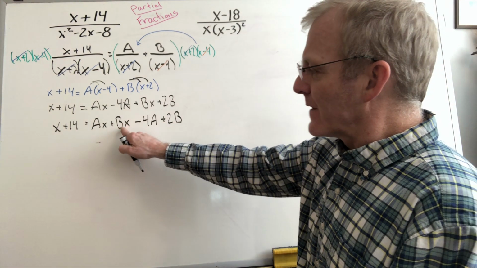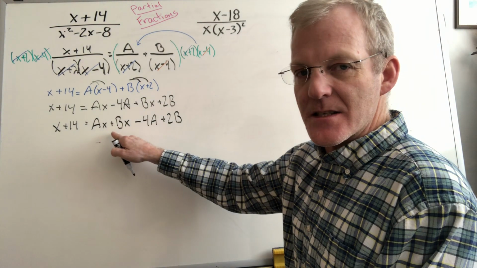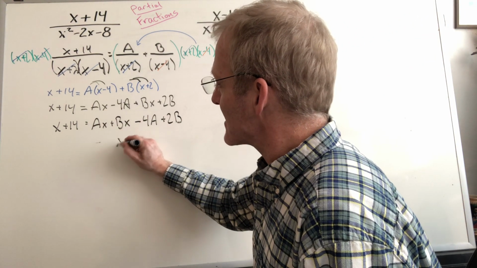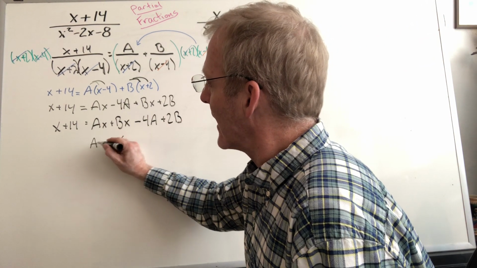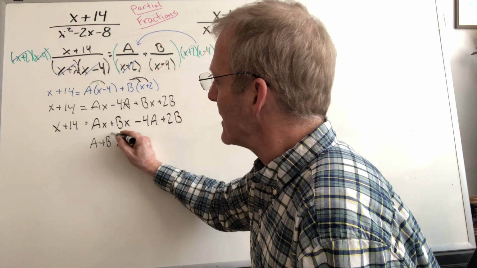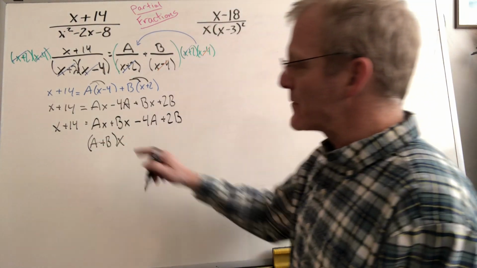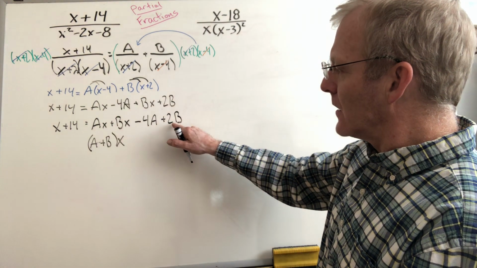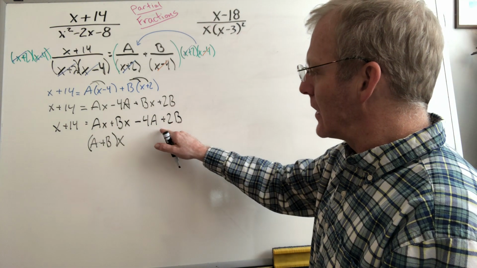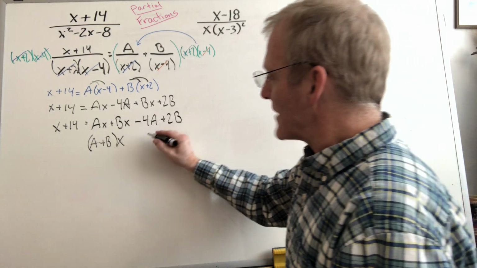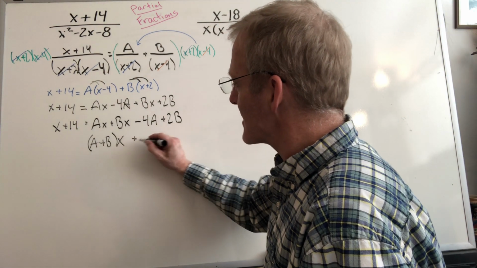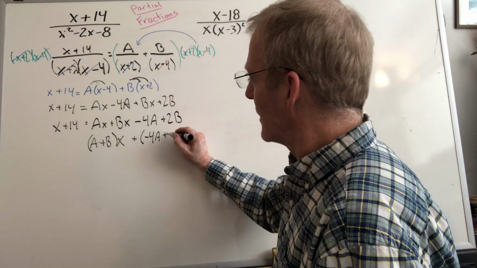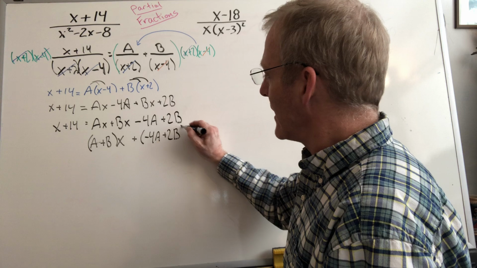Now, that's got a common factor of x, doesn't it? Let's factor that out. So if we take the x out, we're left with a plus b times the x. That gives us ax plus bx, right? Well, over here, that's just, let's put this in, plus minus 4a plus 2b.